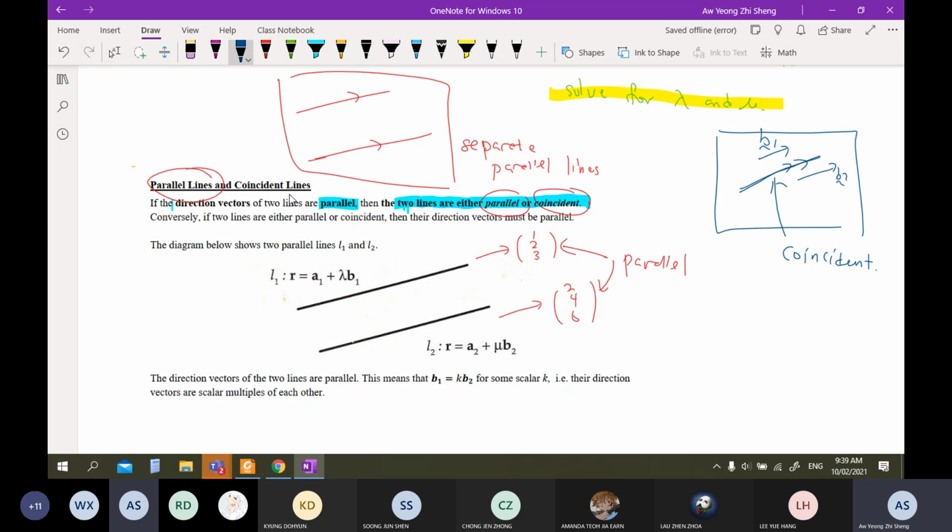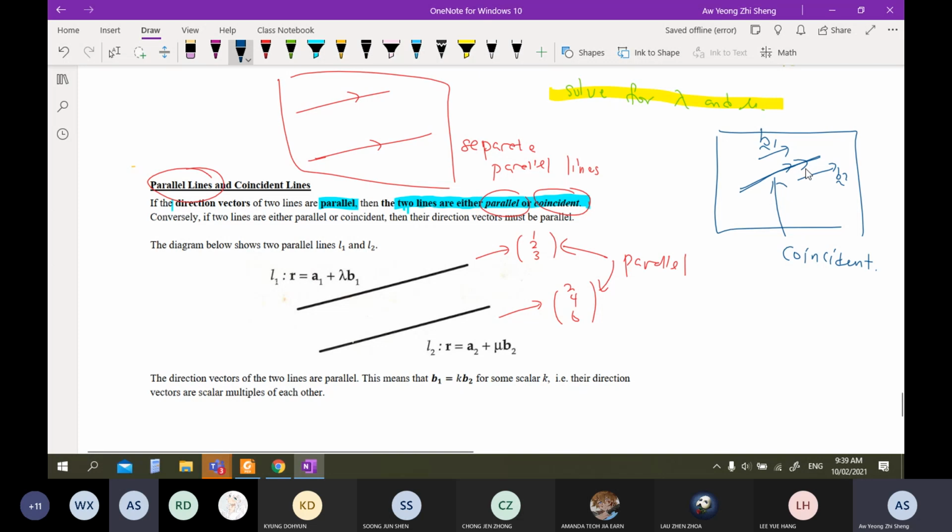So that means that if you are able to show that the direction vectors are parallel, that's not good enough for you to conclude that the two lines are separate parallel lines, because there is a possibility of them being coincident. Coincident lines can have the same direction vector. They can also have different direction vectors which are parallel.